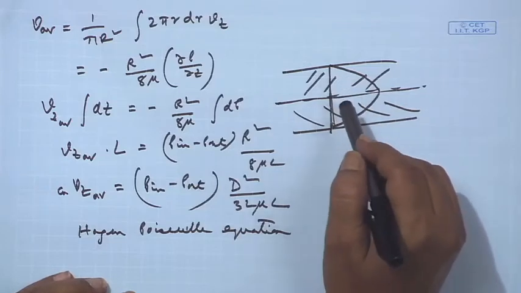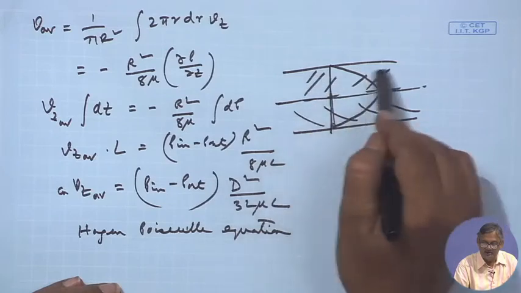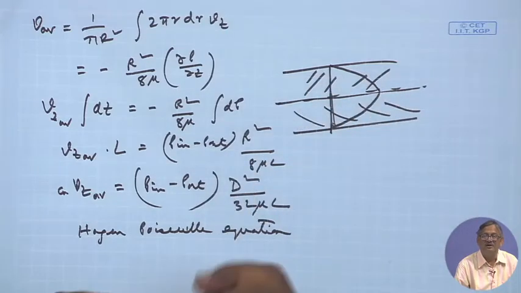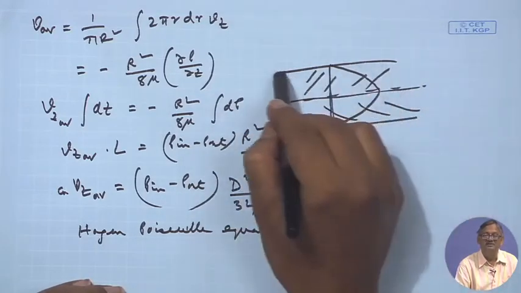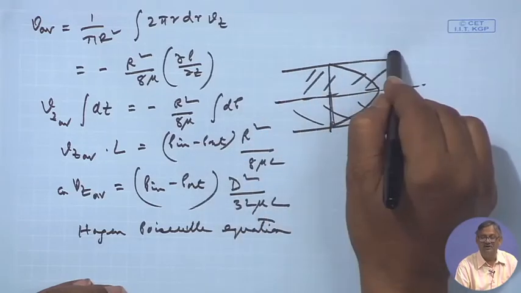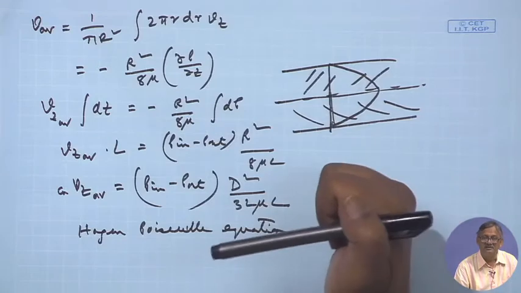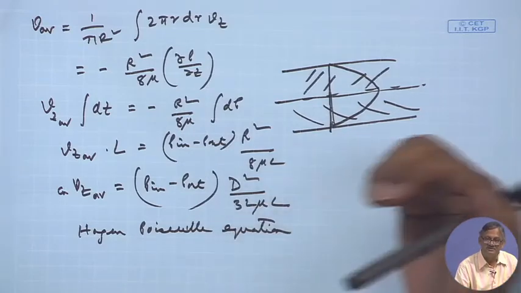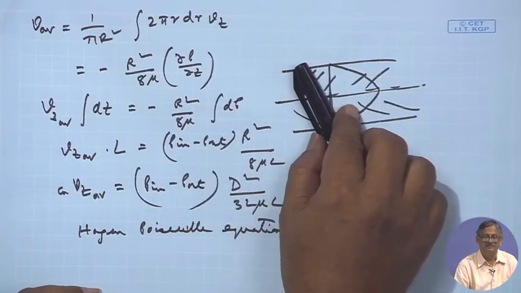This is known as friction: one layer with the other layer has some friction. Otherwise, why would there be a difference between P in and P out? It is taken by that frictional force, the drag force on one another. This we will do in the subsequent class. Okay? Thank you.